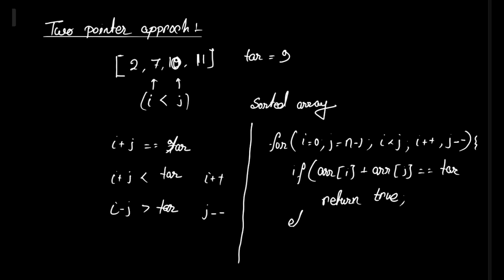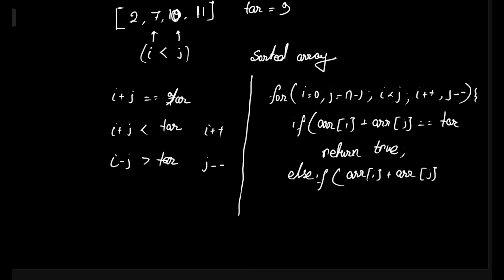Otherwise, else if array of i plus array of j is less than target, then increment i, and else decrement j.